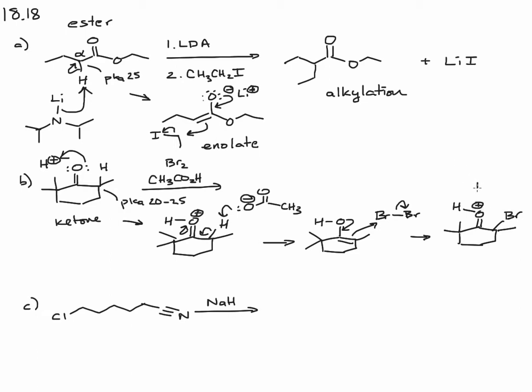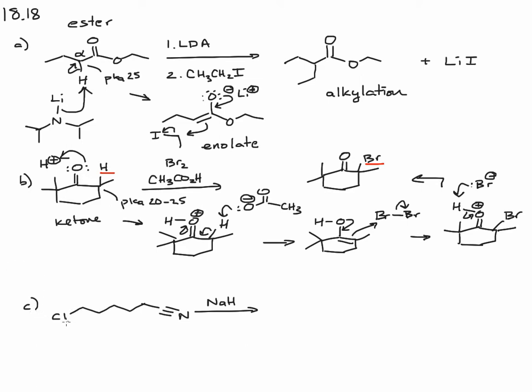So at this step, we can just invoke the bromide anion abstracting that hydrogen, giving oxygen back its lone pair, and our final product is the alpha bromoketone. So again, keep in mind, all we're doing in these reactions is a substitution. We're substituting H for the electrophile, in this case bromine.